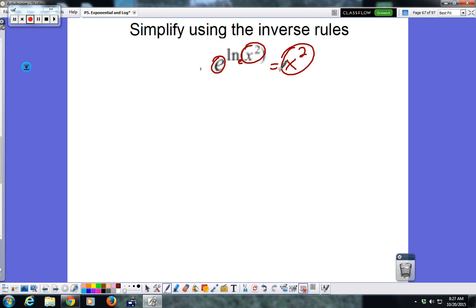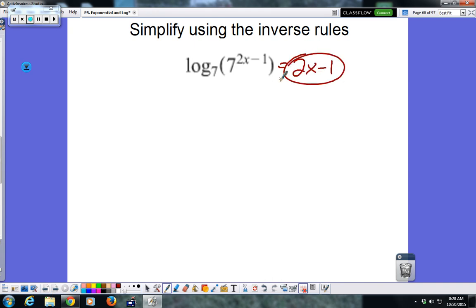You can kind of think of it as this just cancels and leaves you with that hanging in the air, but we're going to write this as an answer. Your bases are the same. Log base 7 of 7 to a power. Your answer, that cleans up into the power, 2x minus 1. And again, you can think of that as moving that down front. Log base 7 of 7 is 1. Finish.